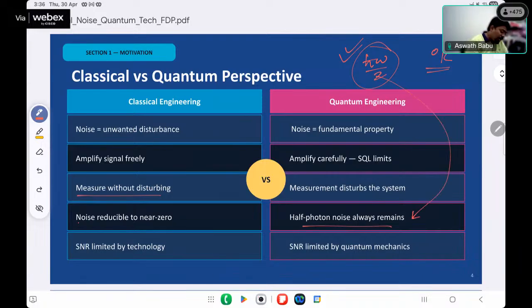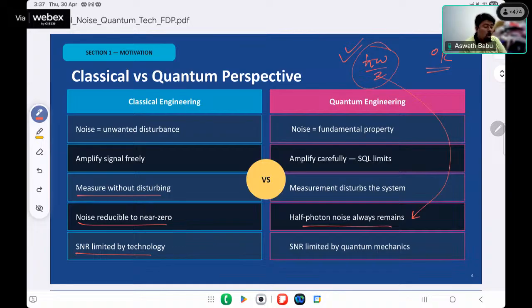But in the classical case, you can reduce noise to close to zero. I will show you some plots as we go on. In that way we can have a very good signal to noise ratio.